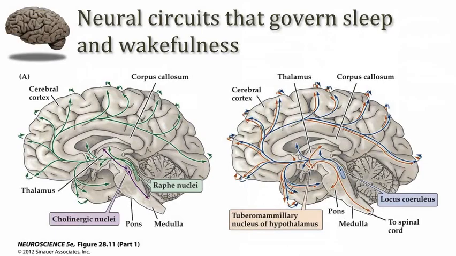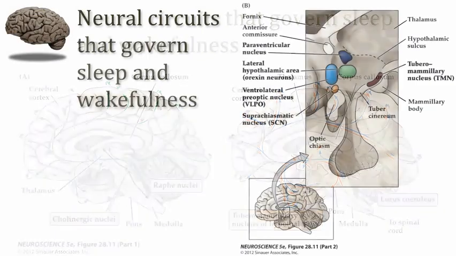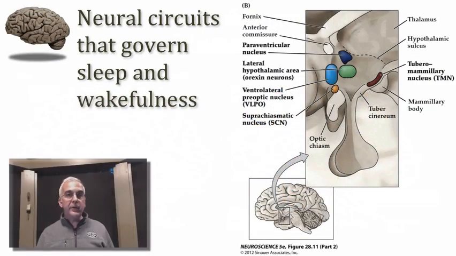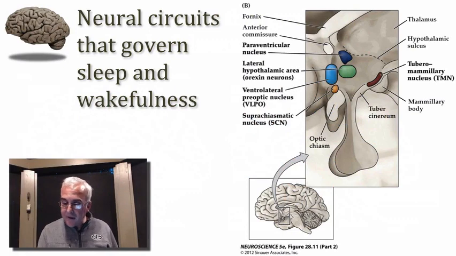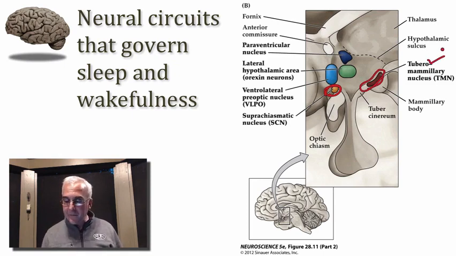There's a couple of other key players here that I want to localize for you. If we look into the medial part of the hypothalamus, we can identify some of these clusters of cells. Here's our suprachiasmatic nucleus sitting right above the optic chiasm, of course. And back in the posterior part of the hypothalamus is where we find that tuberomammillary nucleus, just dorsal to the mammillary body.